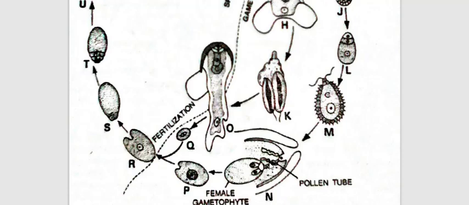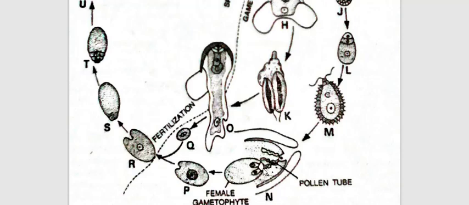They reach the pollen chamber, and when they fall here, germination and further development of the pollen grain occur, and in this part the pollen tube arises. This is the pollen tube, and it reaches the female gametophyte.